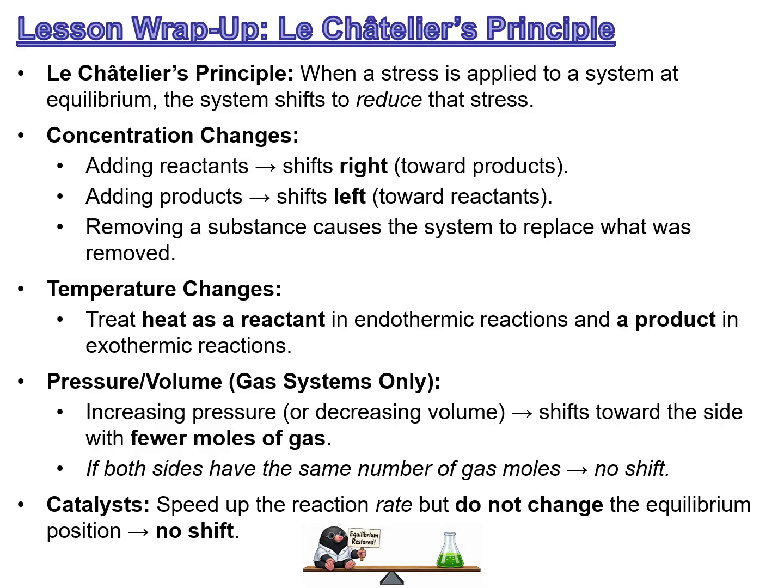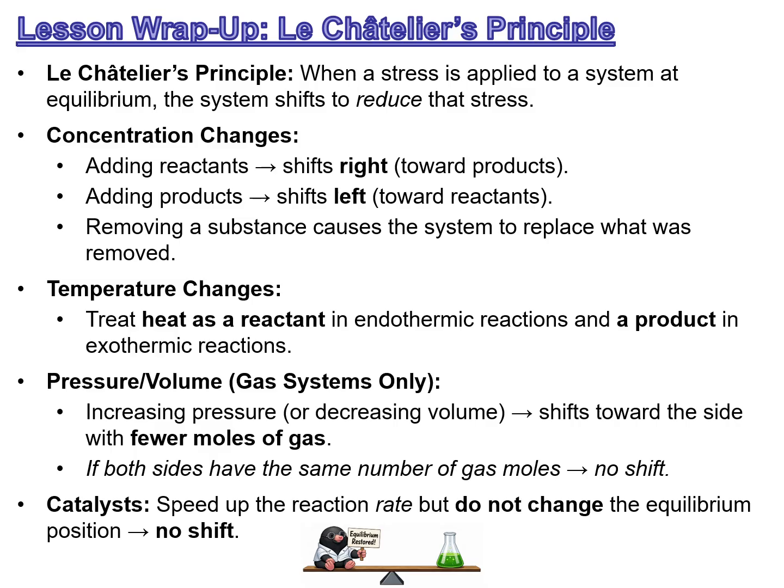All right, so that's pretty much all I have for Le Châtelier's principle. So we saw that Le Châtelier's principle is that when a stress is applied to a system at equilibrium, the system will shift to reduce that stress. And a shift is going to be either increase the rate at which products are being formed or increase the rate at which reactants are being reformed. Concentration changes: if you add reactants, it causes a shift towards the products.